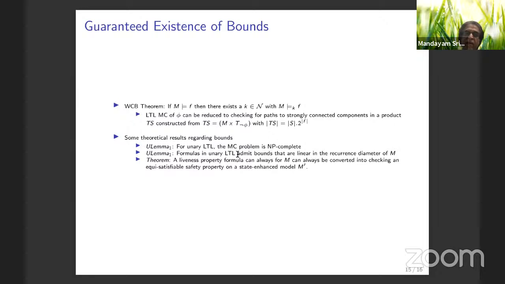Even when you stick to the unary subset, this recurrence diameter in practice for a transition system can be unreasonably large, in which case you won't be able to use these methods. That's why people started looking at inductive model checking approaches, which don't require you to compute this bound explicitly.